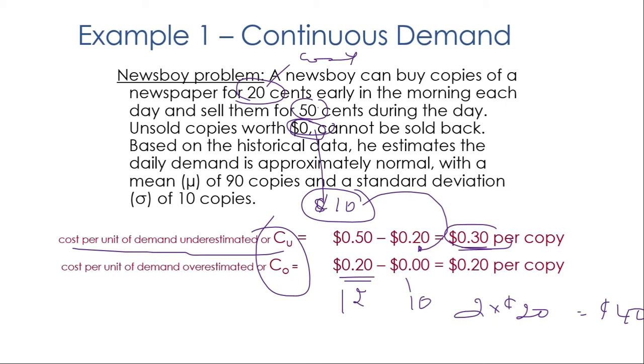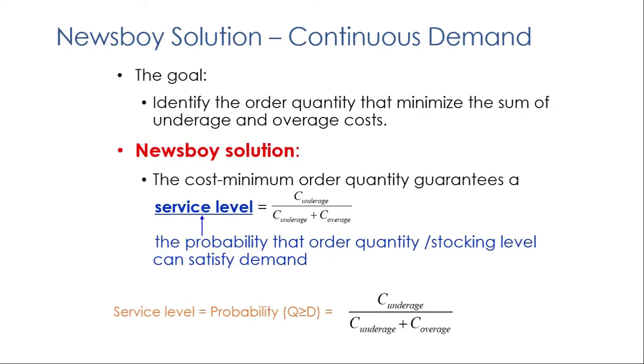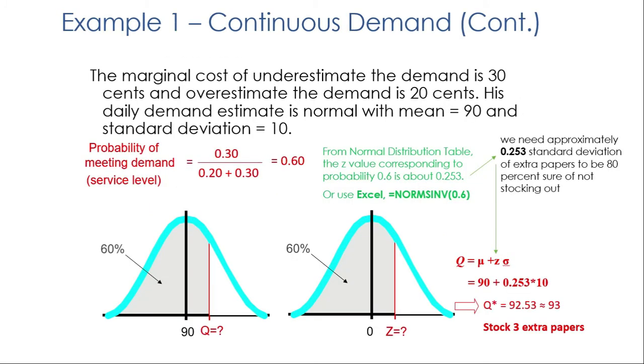After you have the two costs, you're going to plug them in to determine the service level or the probability that the order quantity or stocking level can satisfy the demand. So let's take a look here. The service level is 0.6 or 60%.